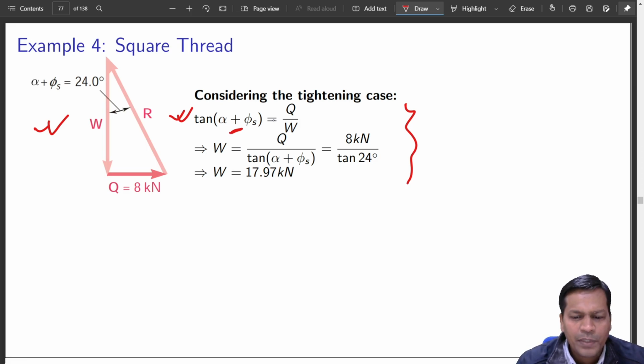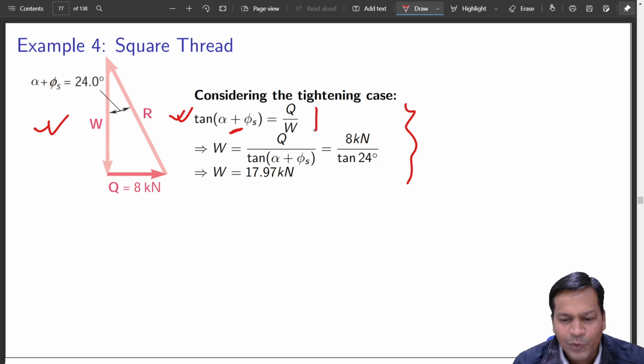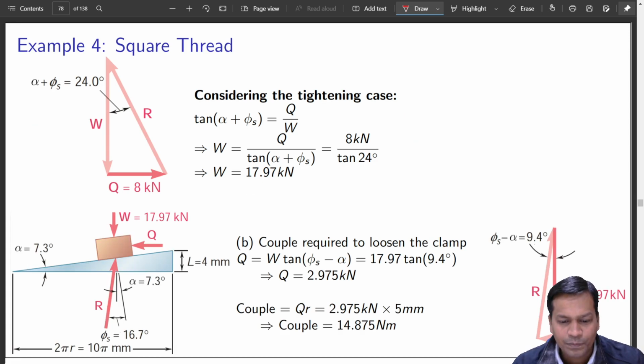So tan of alpha plus psi s, from our earlier analysis, is Q by W. So W comes out to be this. This W is effectively the clamping force, the interaction force between them. Both the blocks apply that particular force on each other.